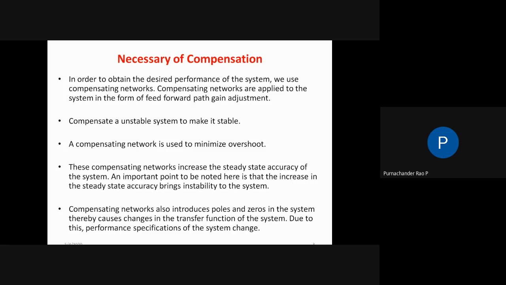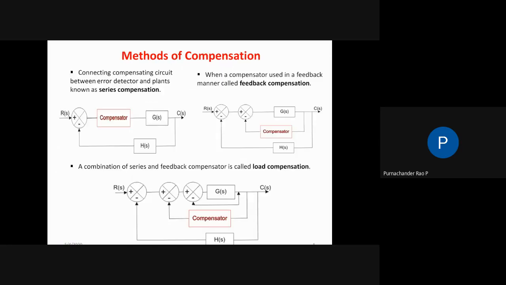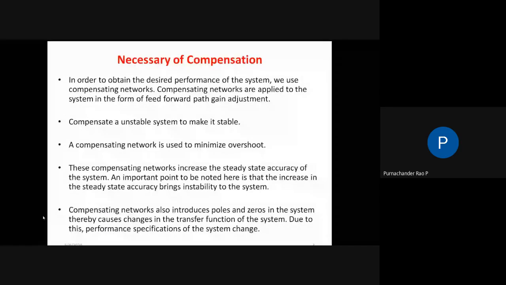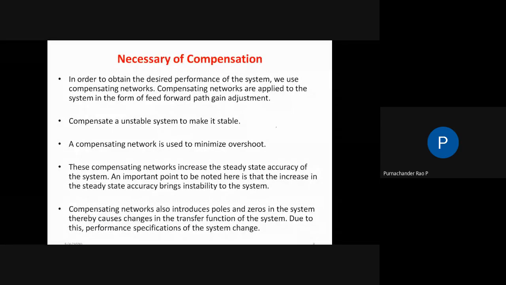And here the compensating networks will introduce poles and zeros into the system. Normally in the PI controllers, what you have seen is the Kp, the proportional constant; we are adding a Kp into the system. Okay, this is only a gain constant.